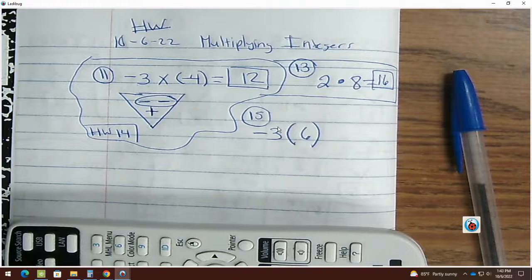Un número enseguidita de paréntesis y no hay nada entre medio es multiplicar. ¿Ok? No se puede olvidar eso porque así van a estar los problemas después conmigo. No van a estar con la X de primaria. Eso ya no vamos a usar la X para eso. La X la vamos a usar para álgebra. ¿Ok? Por eso quiero que traten de irse de esto para esto.